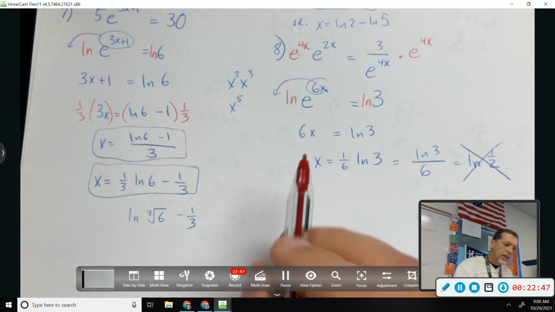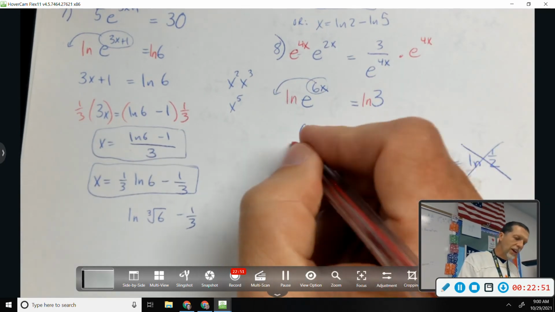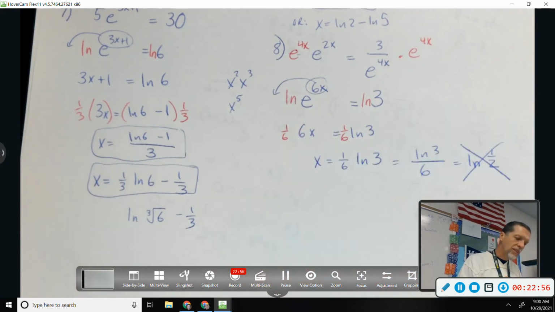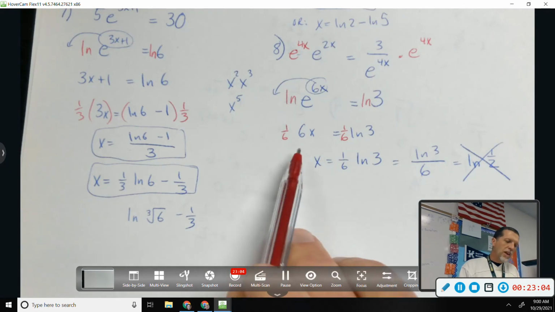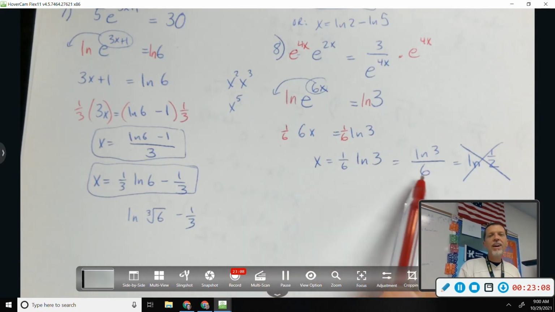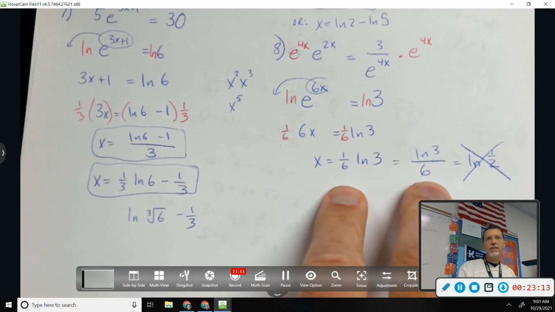One way to get rid of the 6 is to divide both sides by 6. I could also multiply both sides by 1/6. If I multiply by 1/6, I land here. If I divide by 6, I land here. But you need to be able to recognize that those are the same thing.